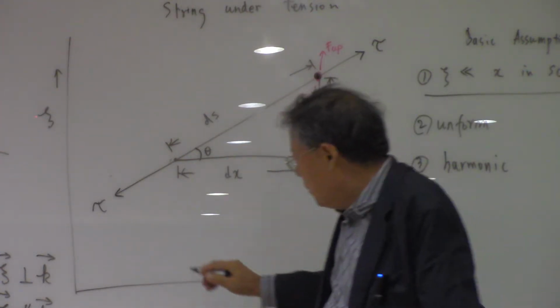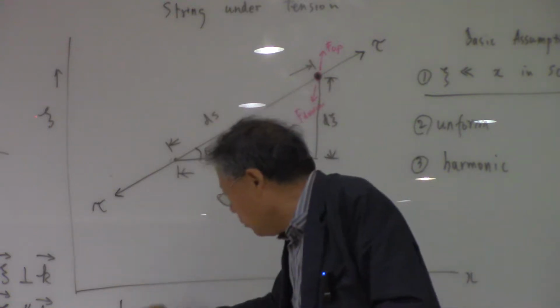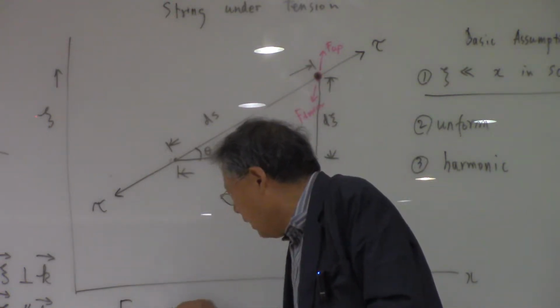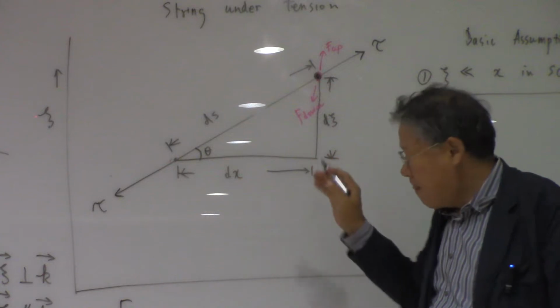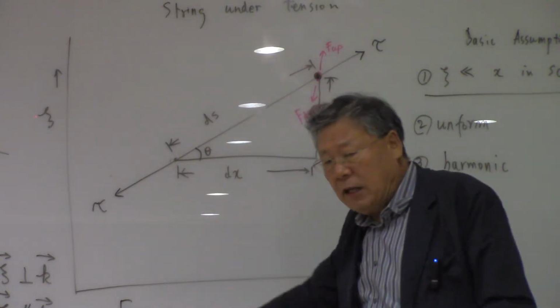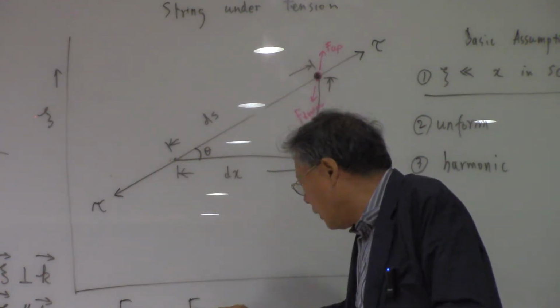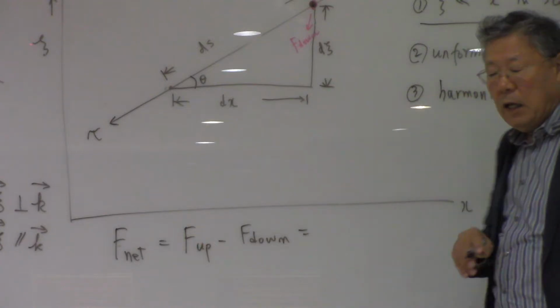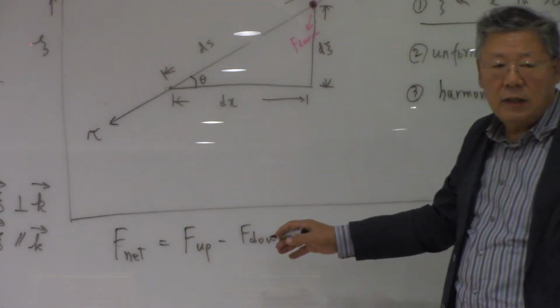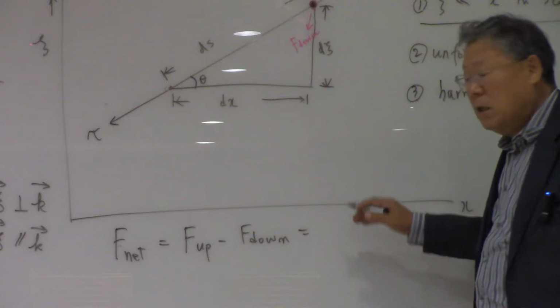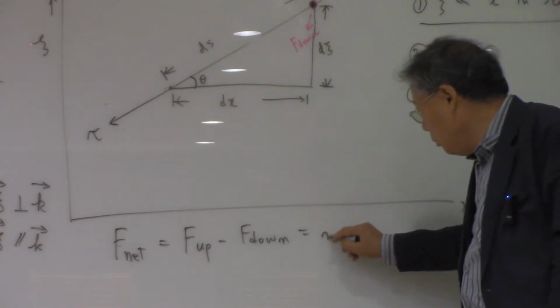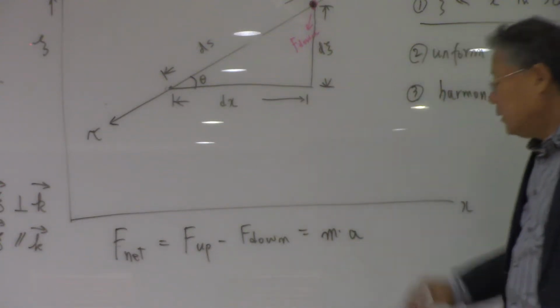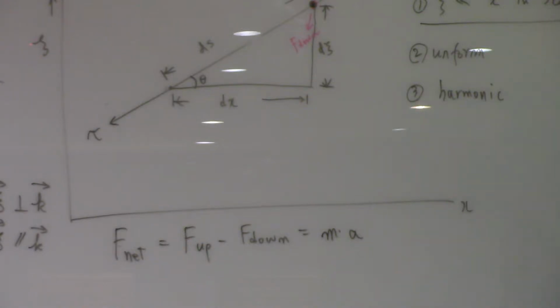So what we are going to do is get the net force at that part, and the net force is going to be the force up minus the force down, okay? That is the net force. And then we're going to equate this force with the Newtonian, F equal to ma, right?